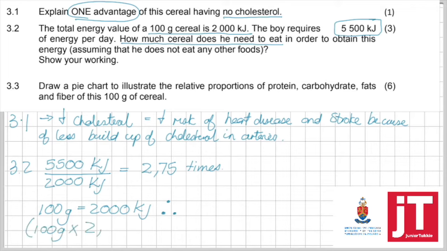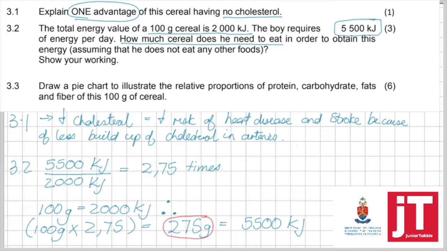We need to give our answer in a very specific unit here. If 100 grams of this cereal gives me 2,000 kilojoules, and I need 2,75 servings, I multiply 2,75 by 100 to get the mass of cereal I would need to eat to get my 5,500 kilojoules. That's exactly what we've done here. So the answer to this question is 275 grams.